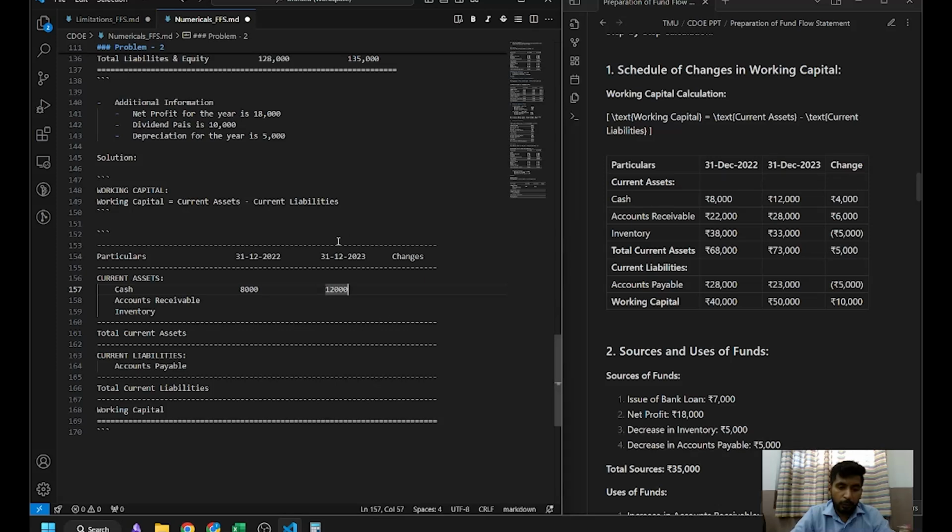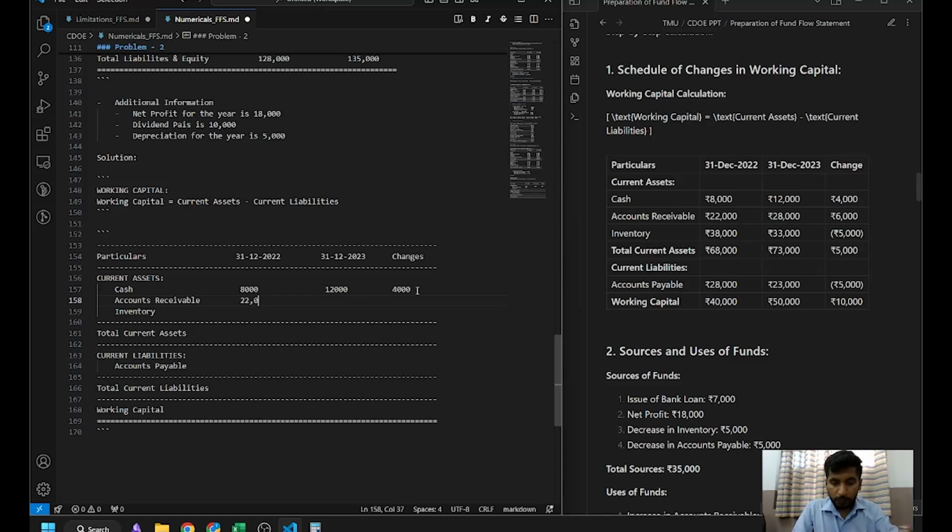So changes are going to be 4,000. 8,000 में से 12,000 हो गया, मतलब 4,000 से appreciated.